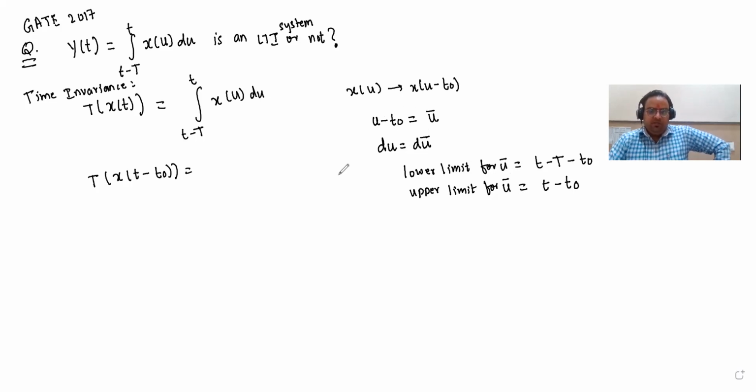So we get the system in this delayed form: the lower limit is t minus capital T minus t naught, the upper limit is t minus t naught, and then we have x of u bar and du bar. This is what we get after performing the delay in the input.